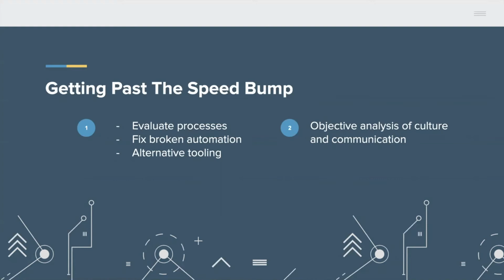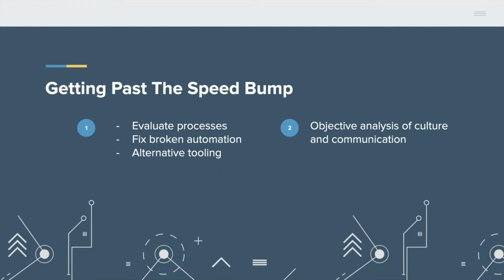You're really going to want to go through the process and the tooling and the automation that you have in place and look at which parts you're spending time fixing or which parts are taking attention away from sort of pure development and work on other areas of the organization or your pipelines and those kind of things.